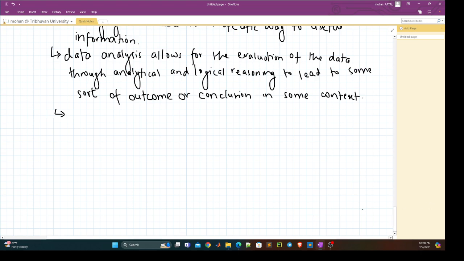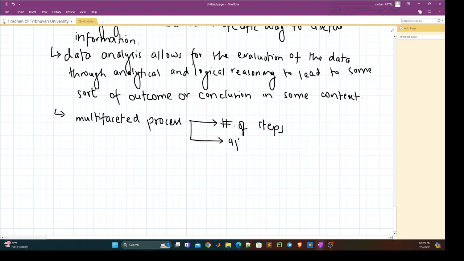It is a multifaceted process, and it includes a number of steps, and the second one will be the approaches.